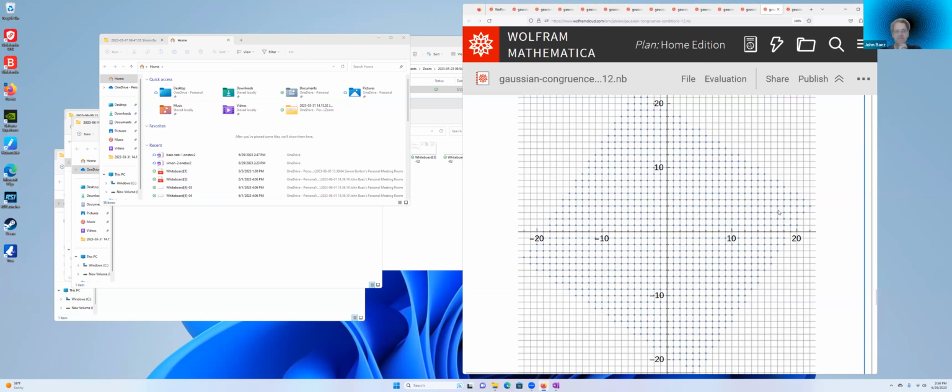So 13 is showing up in apparently 2 different ways. One way is as the size of this projective plane. The other way is that it happens to be the norm of the prime 2 + 3i. And I think that's just a coincidence, but who knows?